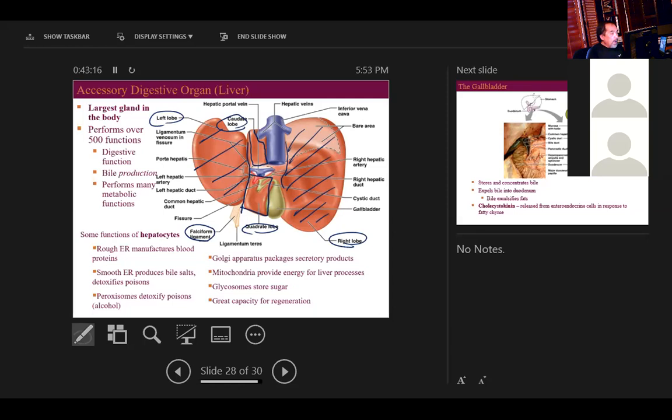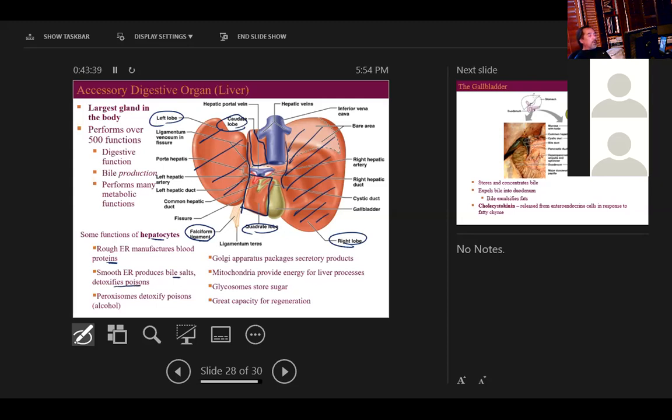And then for function, the liver has hepatocytes. Their rough endoplasmic reticulum manufactures blood proteins, and the smooth endoplasmic reticulum produces bile salts in your hepatocytes and detoxifies poisons.